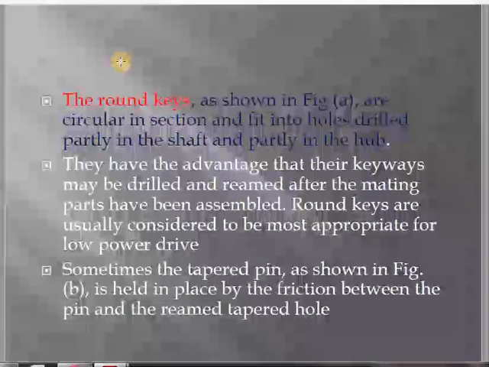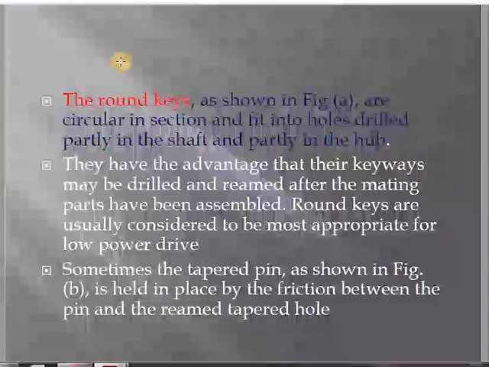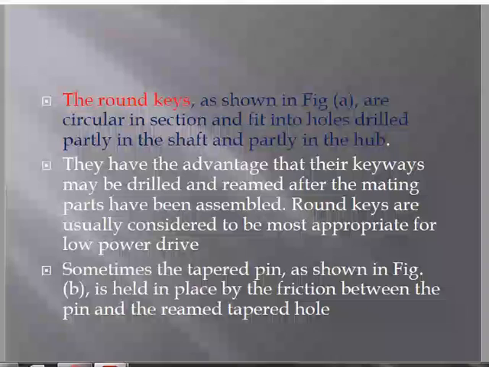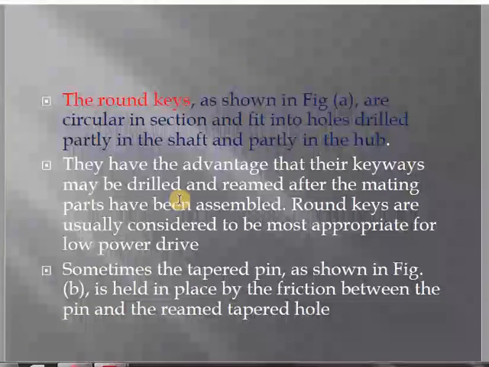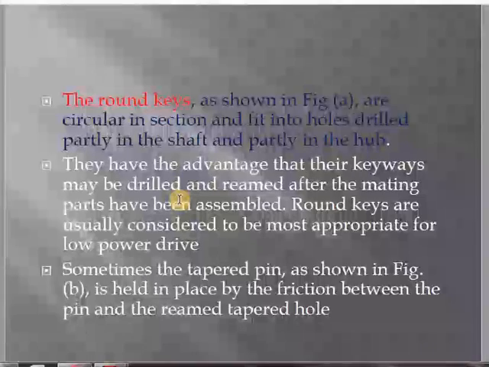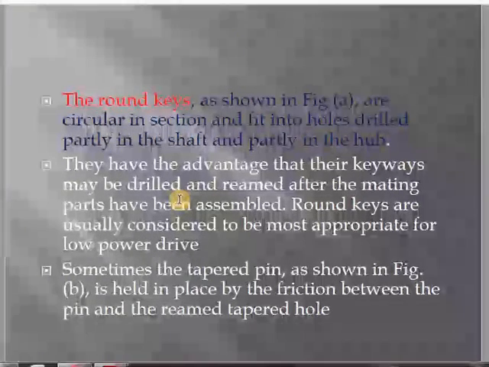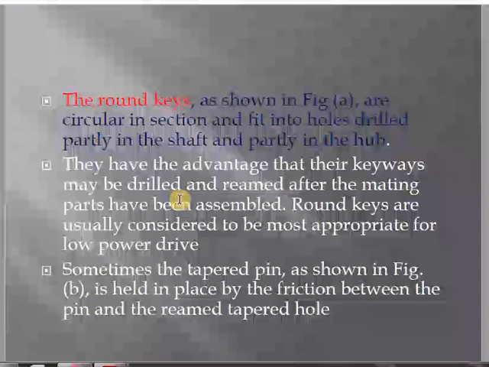These types of shaft keys are usually prepared for low power drives. The advantage of these keys is that their keyway may be drilled and reamed after the mating parts have been assembled.